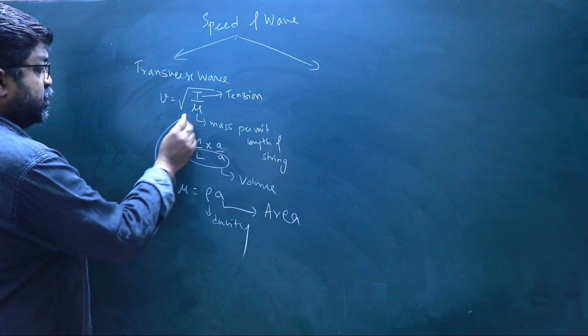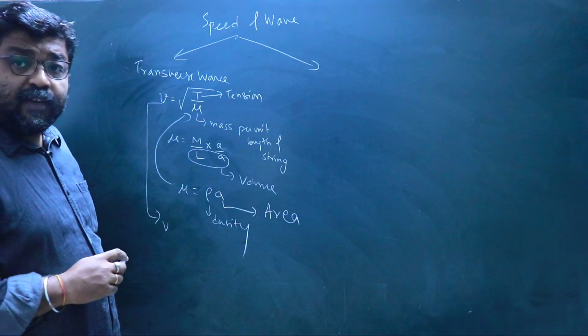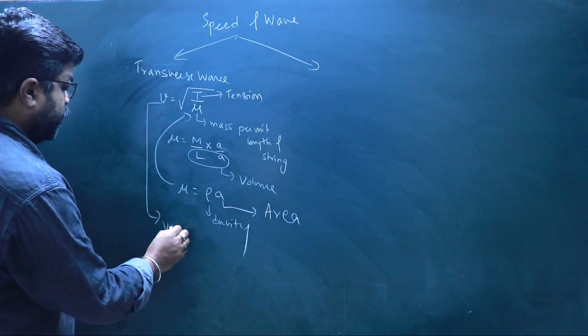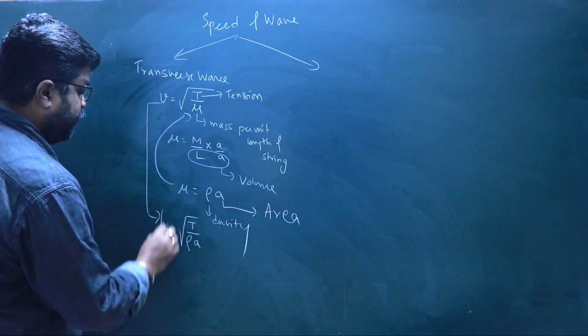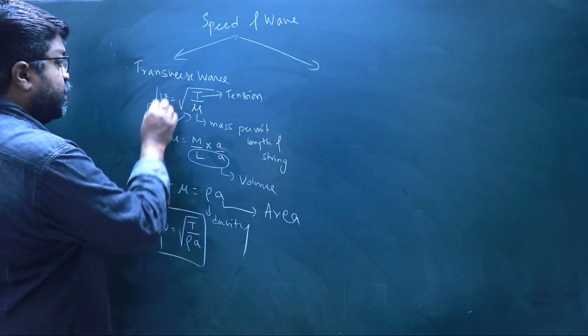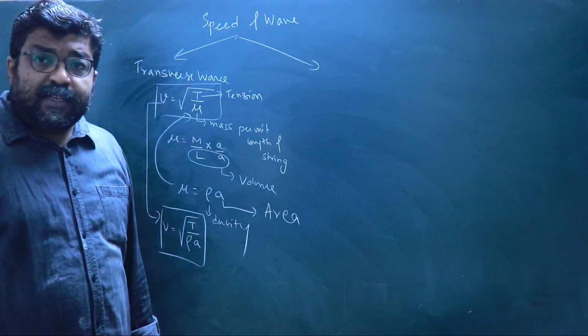If I use this, the speed of a transverse wave in a string can be written as square root of T by rho A. So these are the two formulae to calculate the speed of a transverse wave in a string.